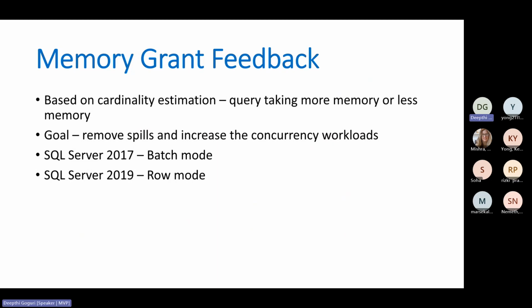And it will grab that feedback, and it will make the necessary changes on your query based upon the feedback. If your query is getting a low amount of memory grant, then this feedback will kick off, and it will increase the memory grant automatically for you, so that the query doesn't have to spill to disk anymore. So it will have to adjust.